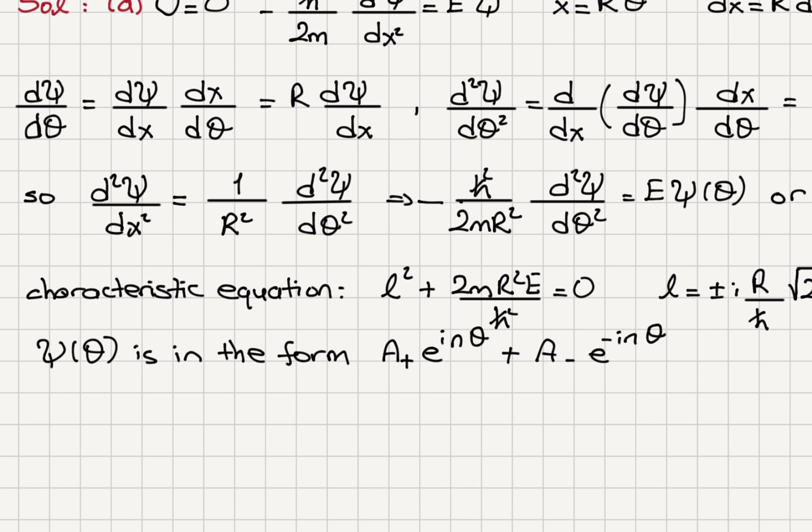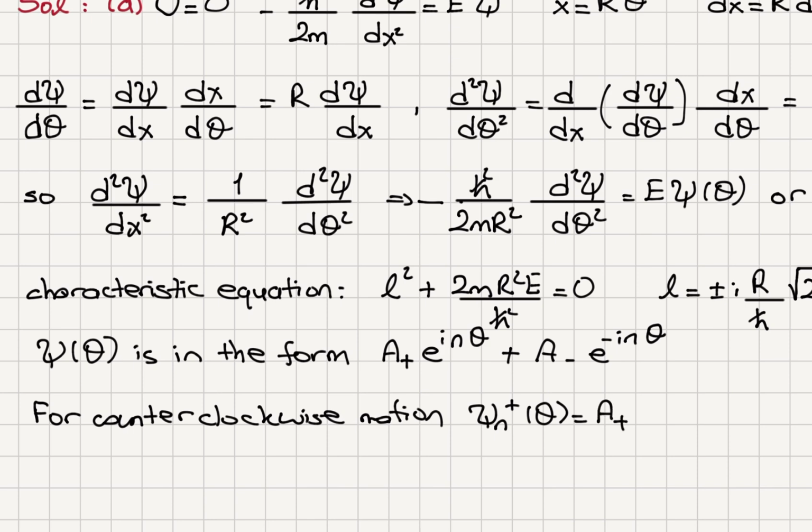Now, for counterclockwise motion, I'm going to use the plus as suggested. So psi sub n plus of theta is equal to a plus e to the i n theta.